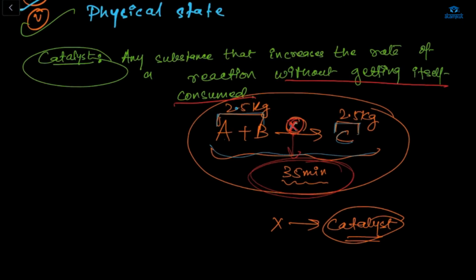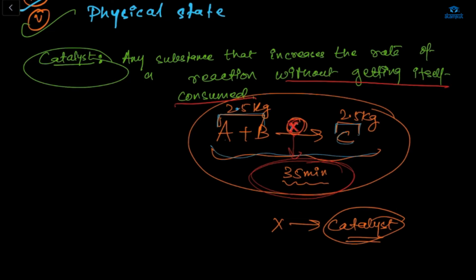Why? Because X is what here? Catalyst. Yes, very good. Any substance that increases the rate of reaction is a catalyst. Earlier my reaction was happening in 35 minutes, but with the help of X, the catalyst, it is happening in only 10 minutes.